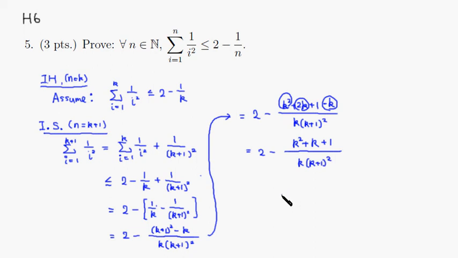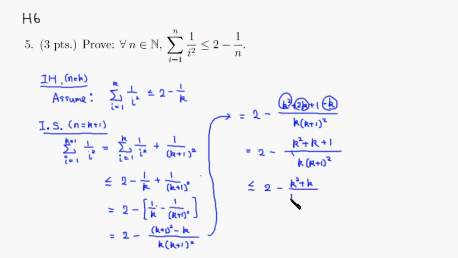What we do is get rid of this plus 1. If you make the numerator smaller, the whole fraction gets smaller, but we have a negative sign, so the whole quantity actually gets larger. So this is going to be larger if I simply drop the 1 from the numerator.